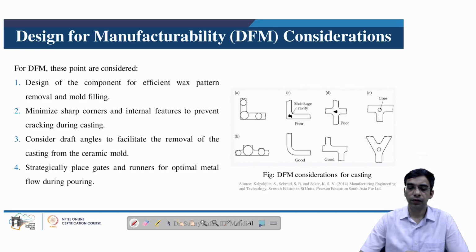Thirdly, the consideration of draft angles should be there for easy removal of the casting from the ceramic mold. Then we also need to strategically place the runners as well as the gates for optimal metal flow during pouring, because strategically placed gates and runners are essential to control the solidification of the molten material as well as to achieve the desired properties in the cast product.